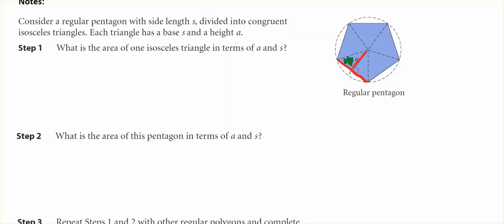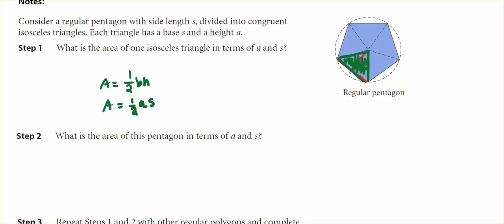So the area of one of these triangles would be 1/2 base times height. But again, we want it in terms of A and S. So A is our height and S is our base. That's the formula for the area of one of the triangles. Now the second question is, what is the area of the pentagon? So again, this is the area of one of the triangles.